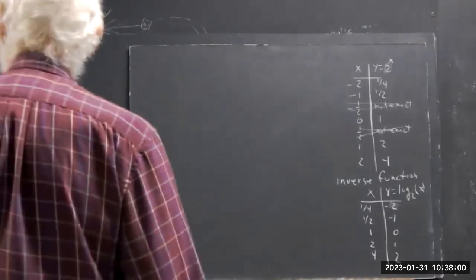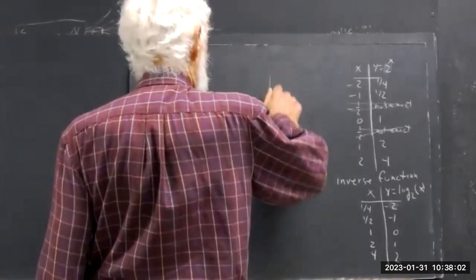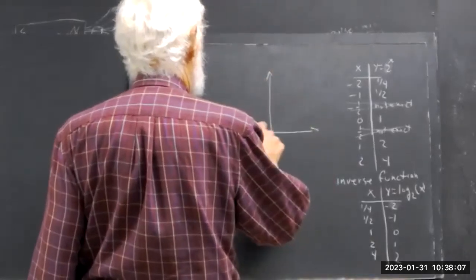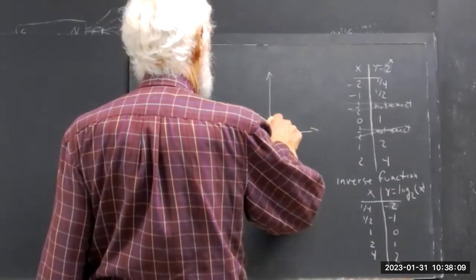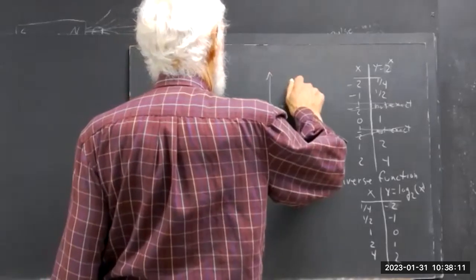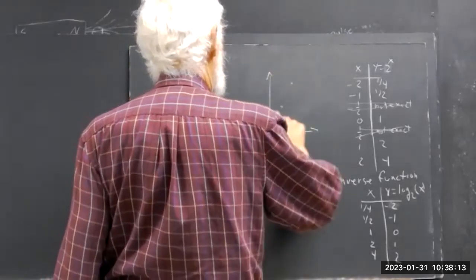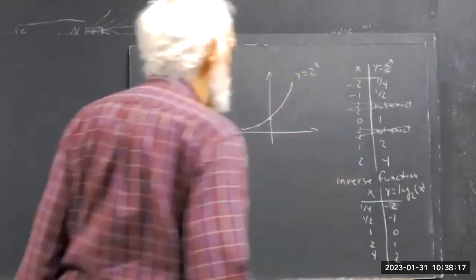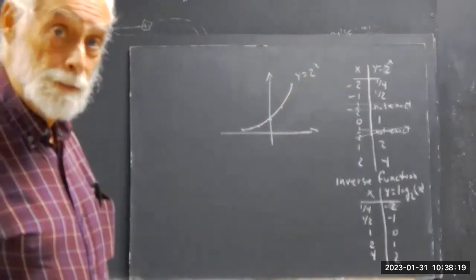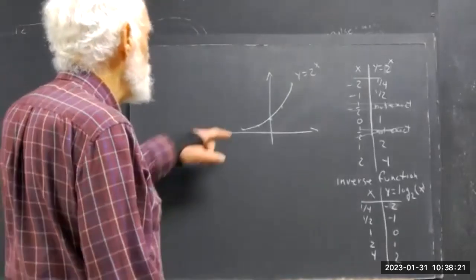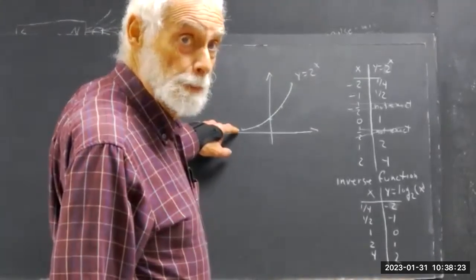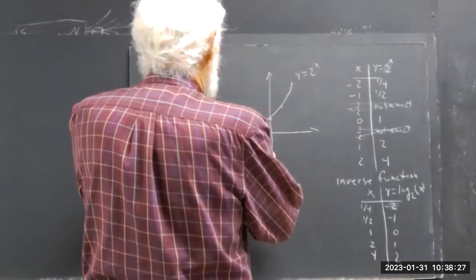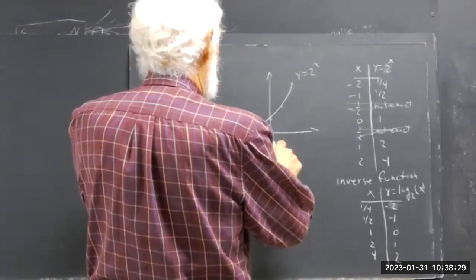There's another picture that goes with this. I know what the graph looks like. Okay, if we switch the x and y coordinates of this number, then, well, this is -2, right?